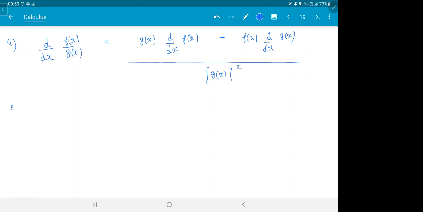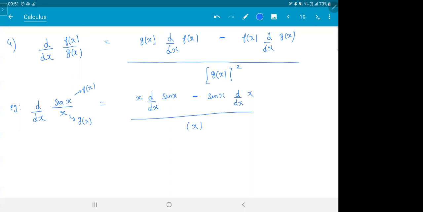Example. Let's say I have sine x by x. So this is f of x, this is g of x. A function by a function. Sine x is one function, x is one function. I put it in this formula. In place of g of x, x is there, in place of f of x, sine x is there. f of x is sine x, g of x is x, and g of x whole square is x square.